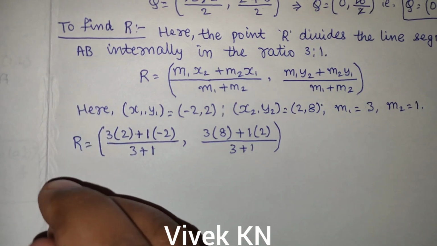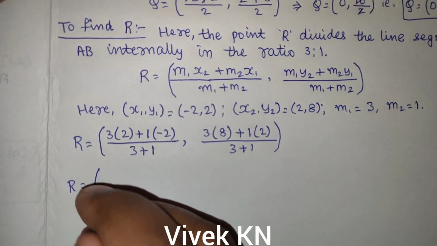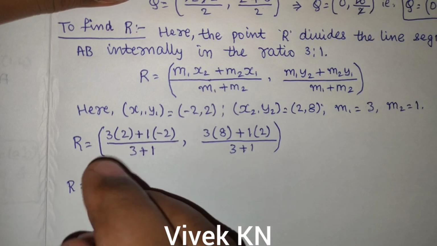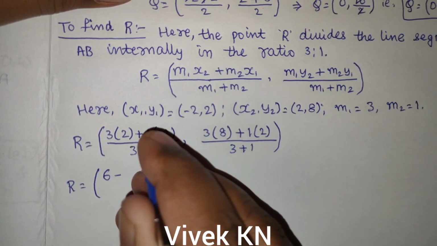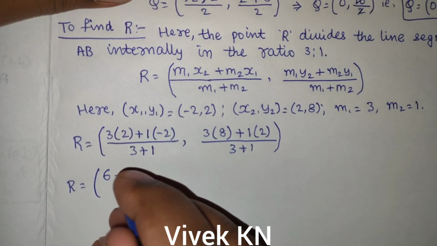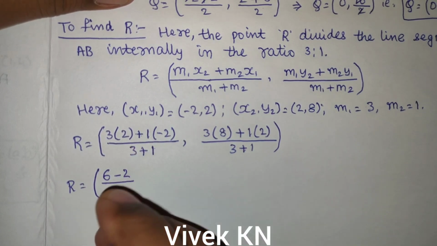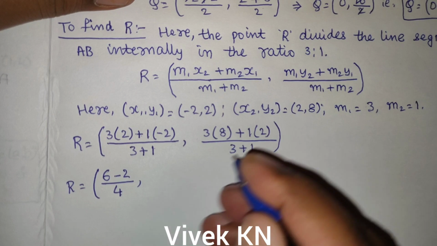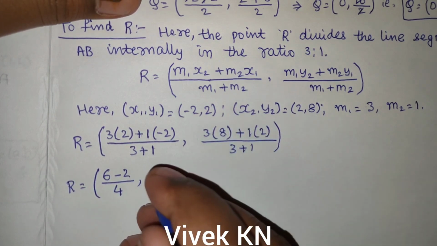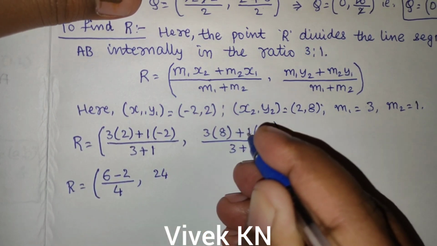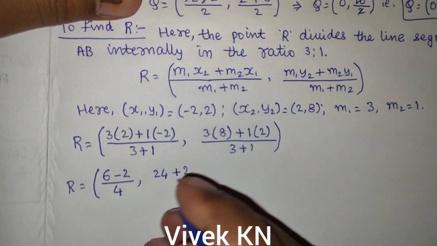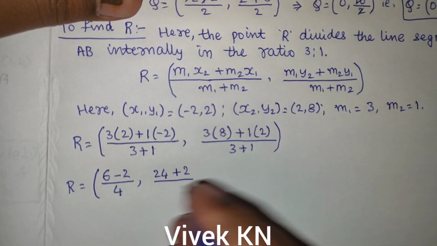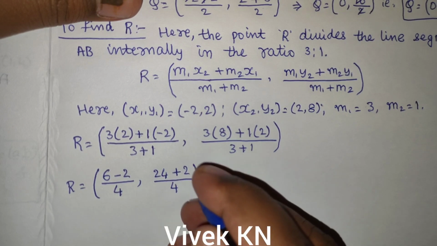That is R is equal to 3 into 2 is 6, plus 1 into minus 2 is minus 2, divided by 3 plus 1, 4, comma, 3 eights are 24, plus 1 into 2 is 2, divided by 3 plus 1, 4.